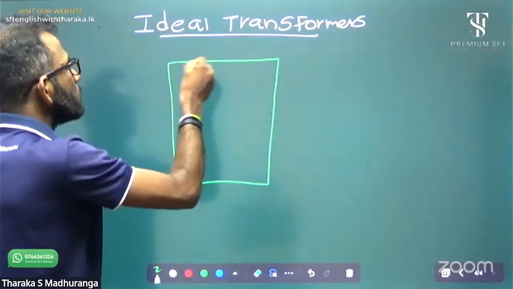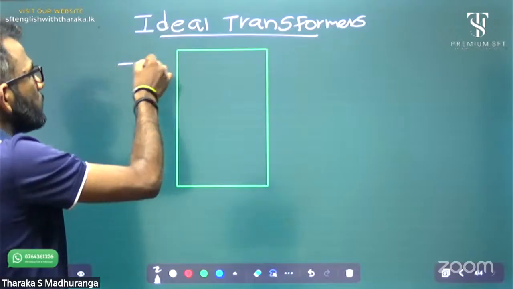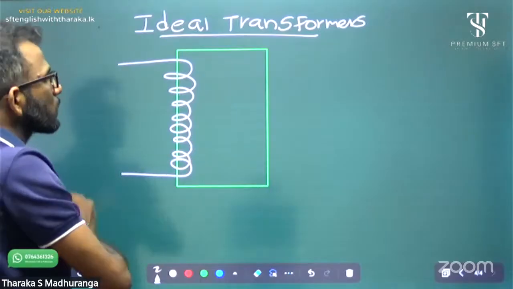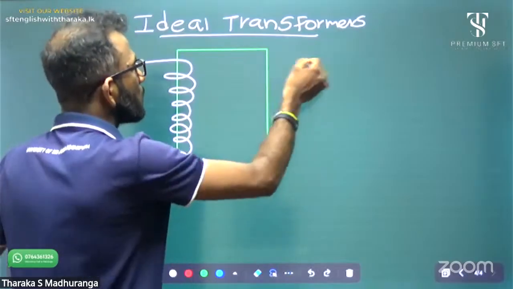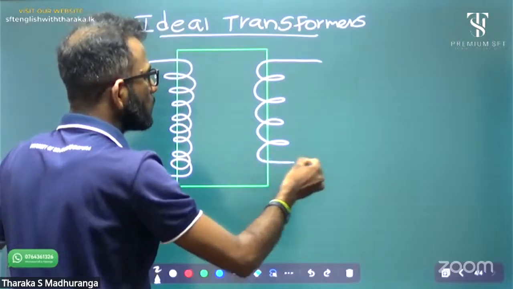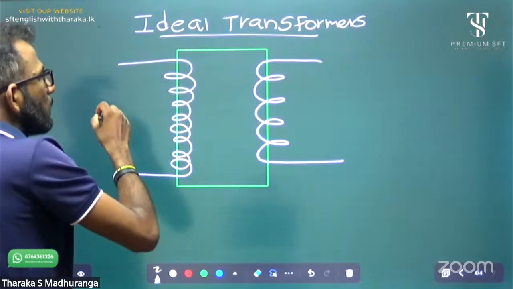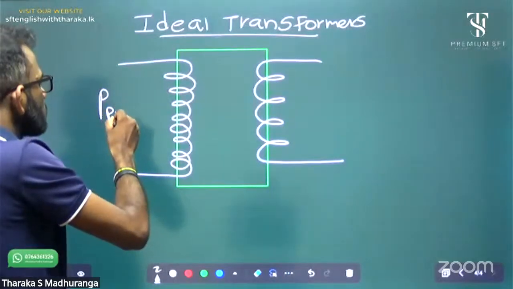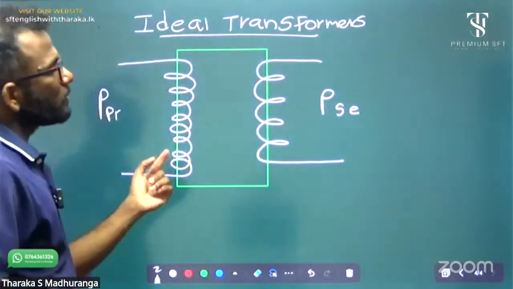Think this is a transformer. This is a primary winding, primary coil. This is the power of the primary. This is the power of the secondary. Okay, what do you think?